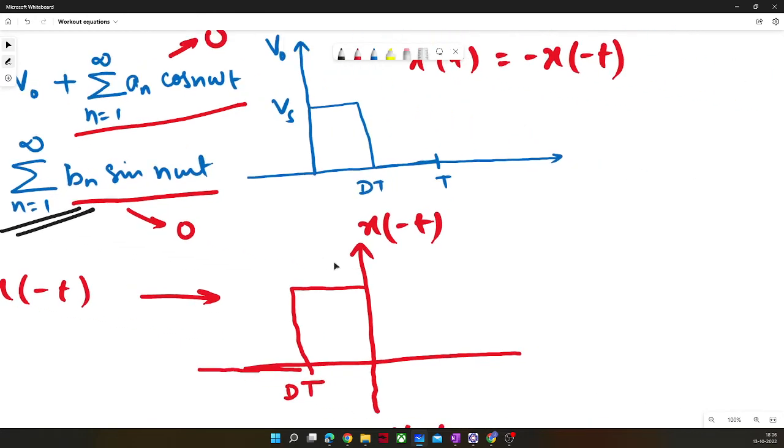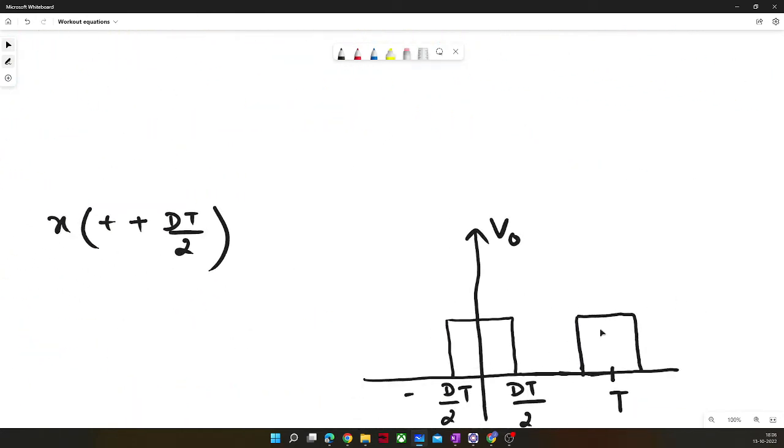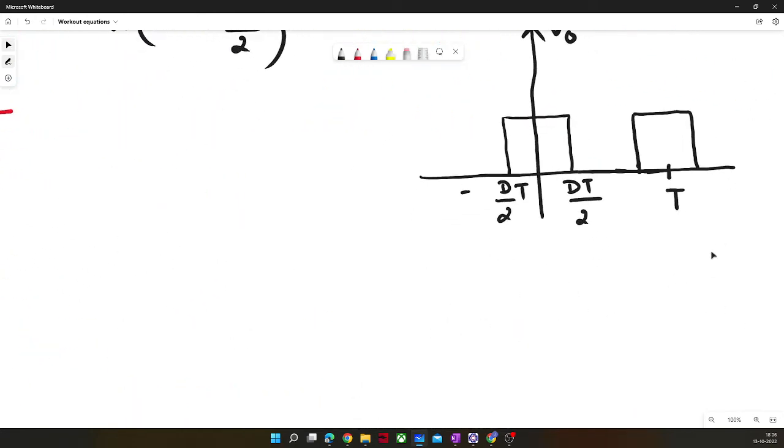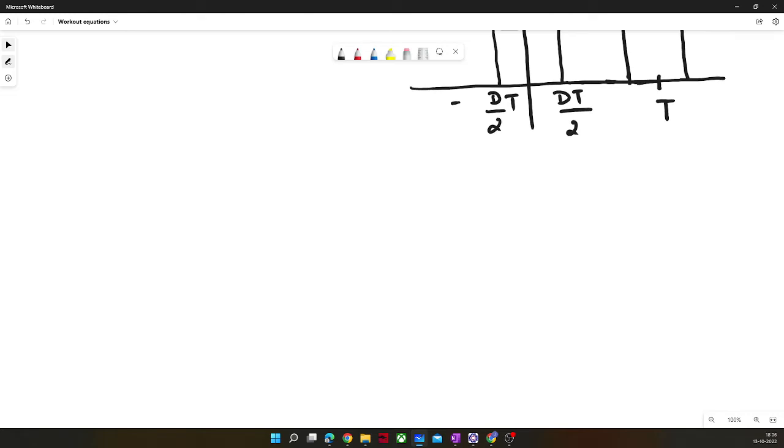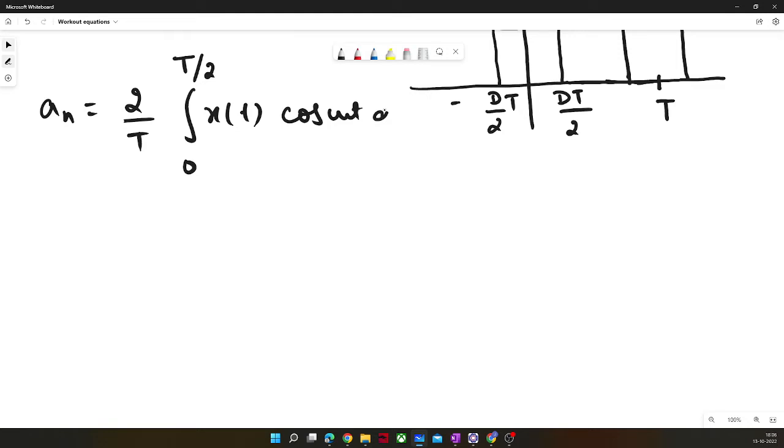Let me also write the expressions of An and Bn. So An would be 2 by T, integral from 0 to T by 2, x(t) cos omega t d omega t, like this.